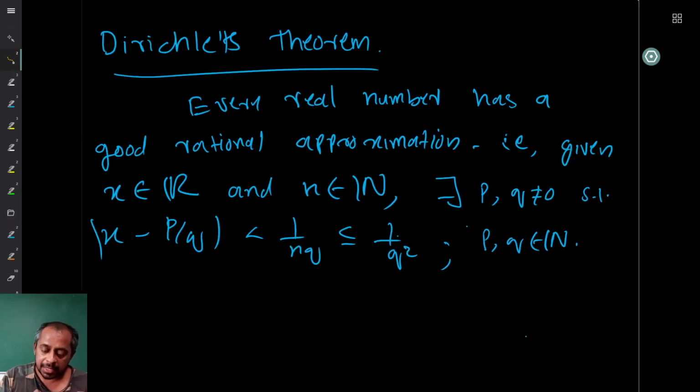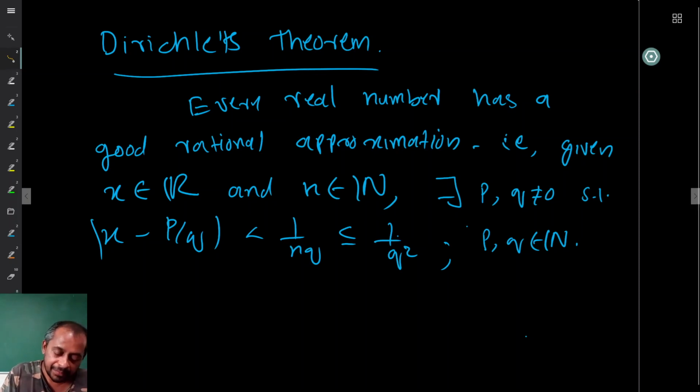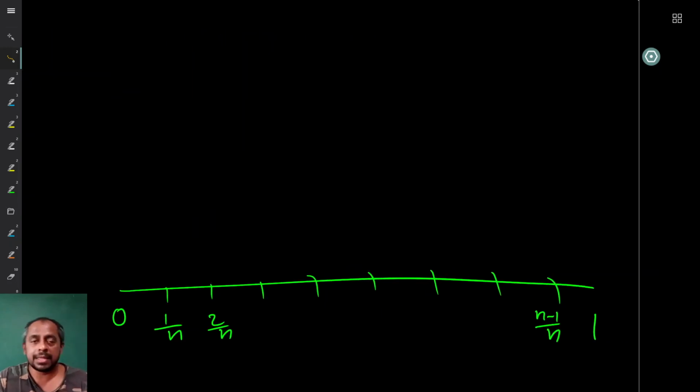And we will start by assuming that the number is irrational, since a rational number doesn't need a rational approximation: the best approximation is itself, and the difference is going to be 0. So this part is trivial, because the difference is 0, and therefore we can assume that the number is irrational.